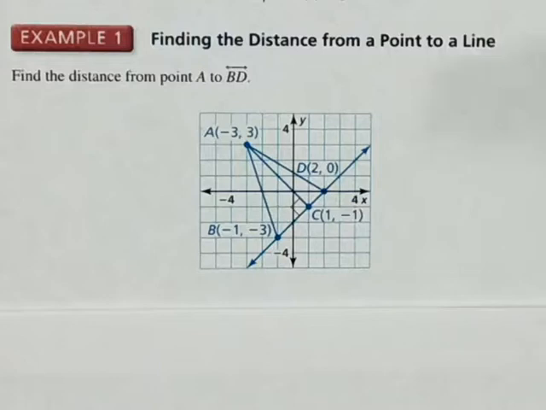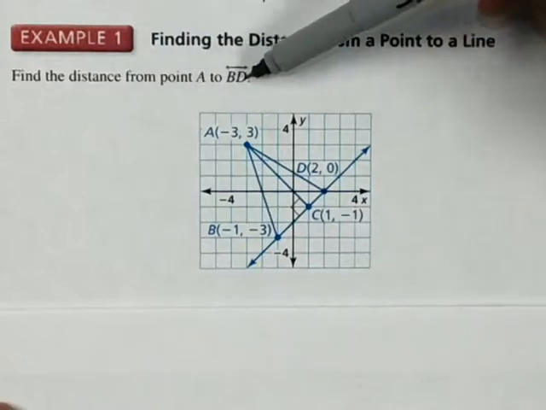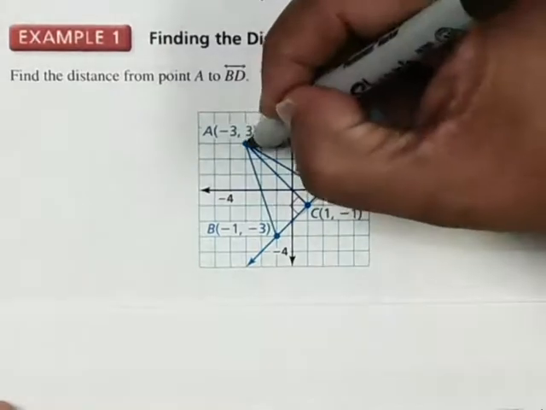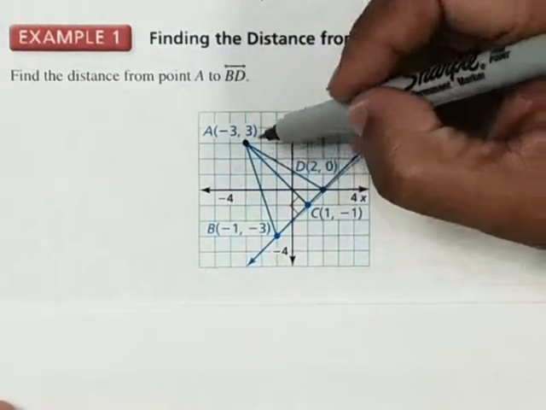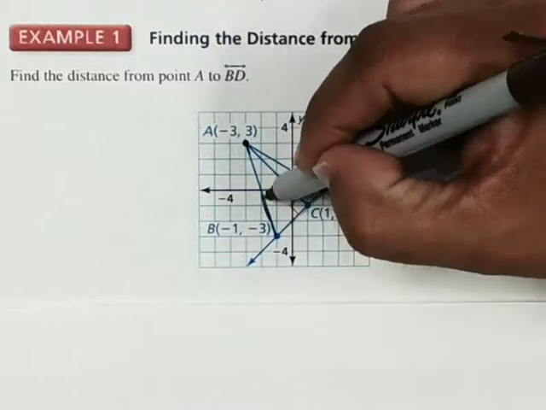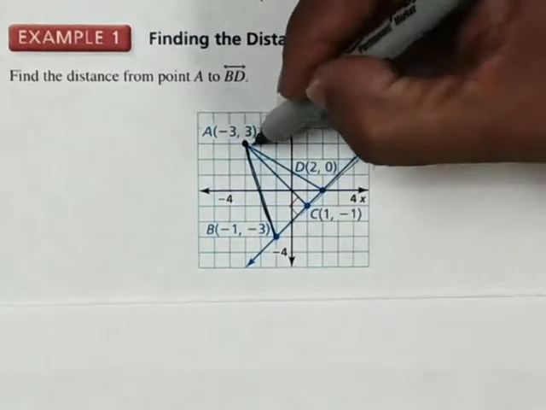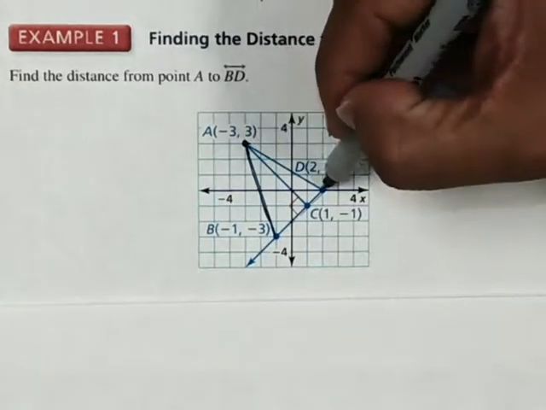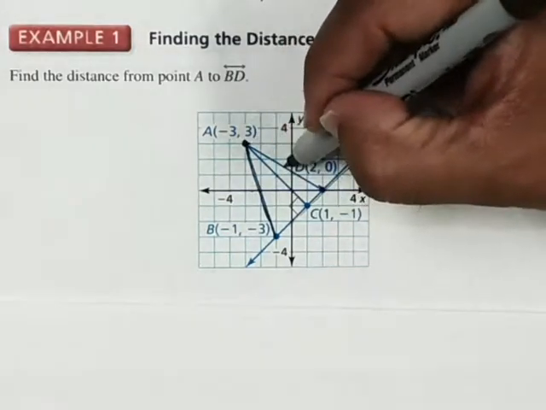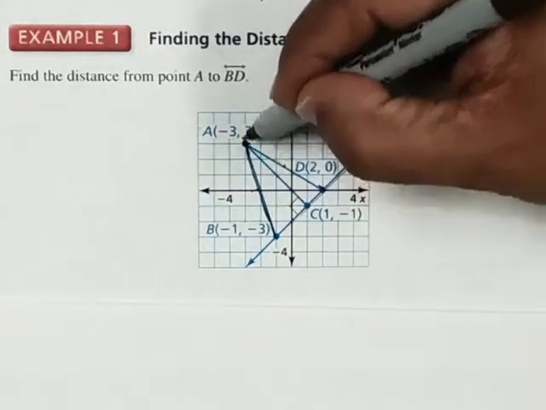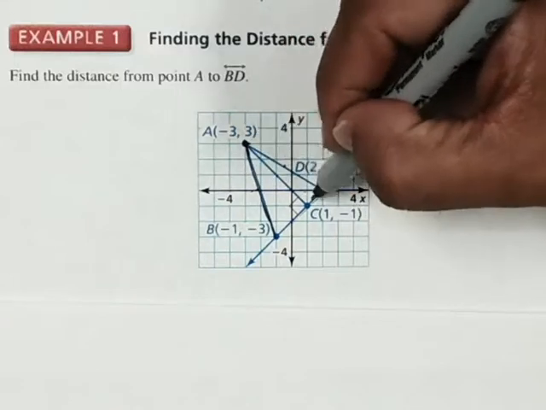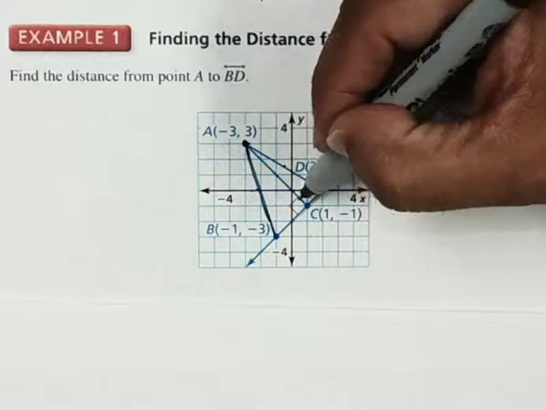All right, I want to find the distance from A to BD. So here's my line BD, and here's my point A. Now here's what I was talking about. I could walk straight from A and go to B, or I could choose to go from A to D. But if I were to figure out the distance from A to B, A to C, A to D, the shortest one is going to be this one right here that forms this 90-degree angle.